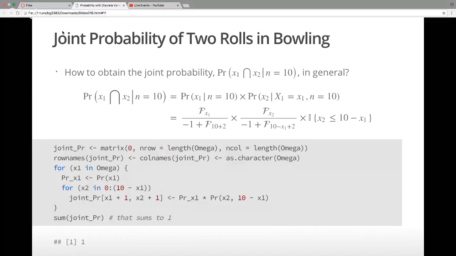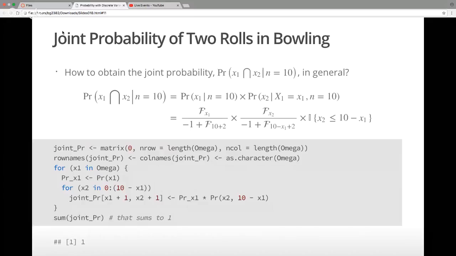And we can represent this in our code by creating an 11 by 11 array or a matrix, if you will, and then doing 2 loops. First we loop over all the elements in omega. We evaluate the probability of knocking down x1 pins on our first roll.